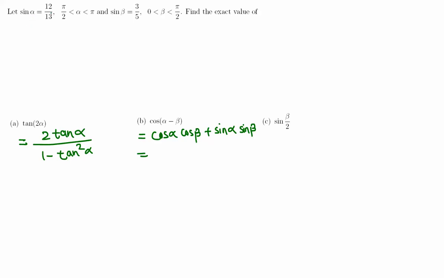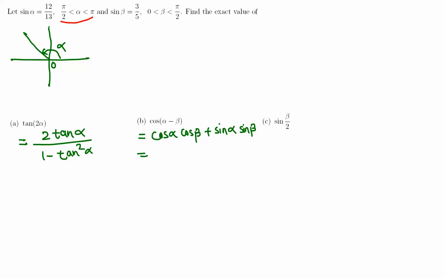So sine alpha is 12 over 13, and we know that alpha is in the second quadrant here. So let's draw a right triangle. Second quadrant here, so this will be the alpha. This is the terminal side of the angle.